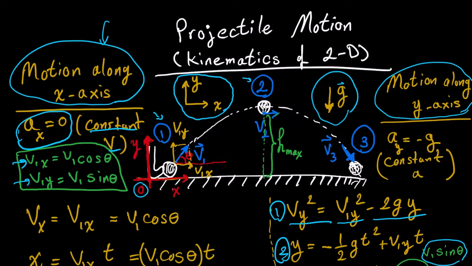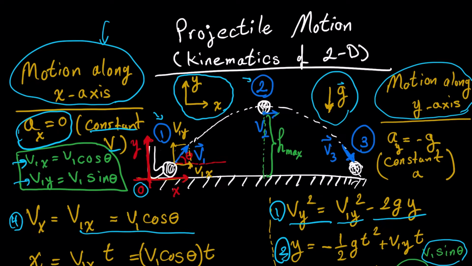So we are going to just deal with simpler equations where the acceleration is zero. Again, from the kinematics equation, we get that v1x equals v1 cosine theta. That's equation number one along the x-axis, or equation number four for the whole idea of 2D motion.